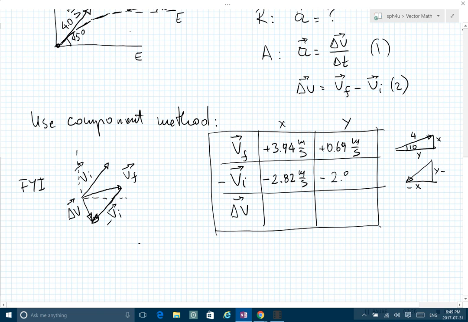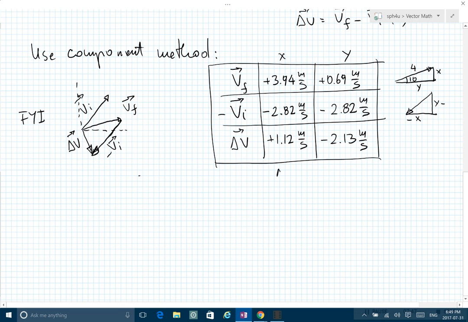Since it's 45 degrees, they're both the same. At this point, we just add them, the same as we do with components. So this is plus 1.12 meters per second, and this is negative 2.13 meters per second. This is delta Vx, this is delta Vy.